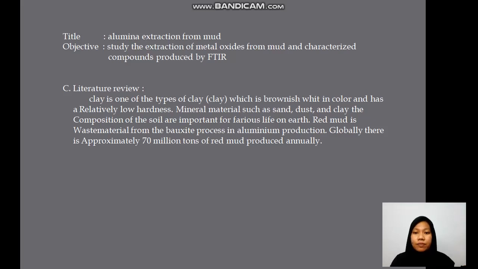Red mud is waste material from bauxite processed into aluminium product. Globally, approximately 70 million tons of red mud are produced annually.